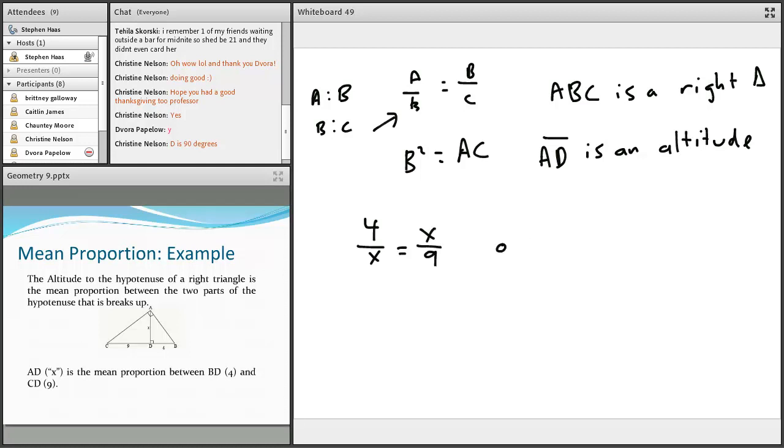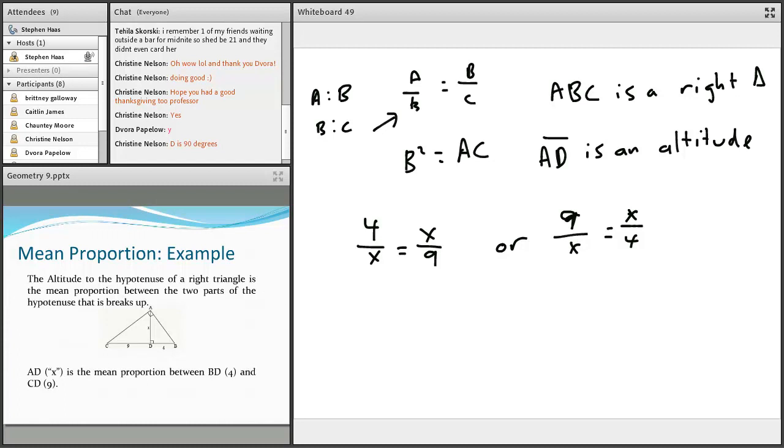Or, of course, I could write it like this: 9 is to X as X is to 4. It doesn't matter. It's going to come up with the same answer either way. But the point is, X is the mean proportional between the two parts of the hypotenuse. ABC, of course, is the hypotenuse.